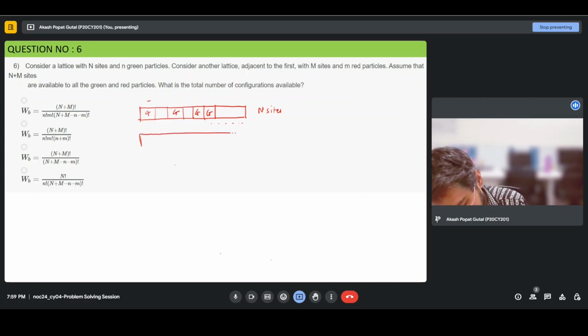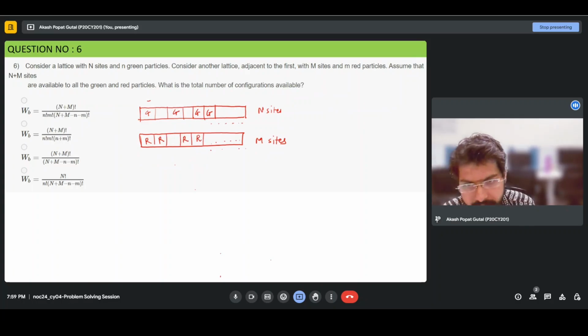Similarly we have red m sites, and they are also filled with red particles. And when we join this, assume that n plus m sites are available to all green and red particles.